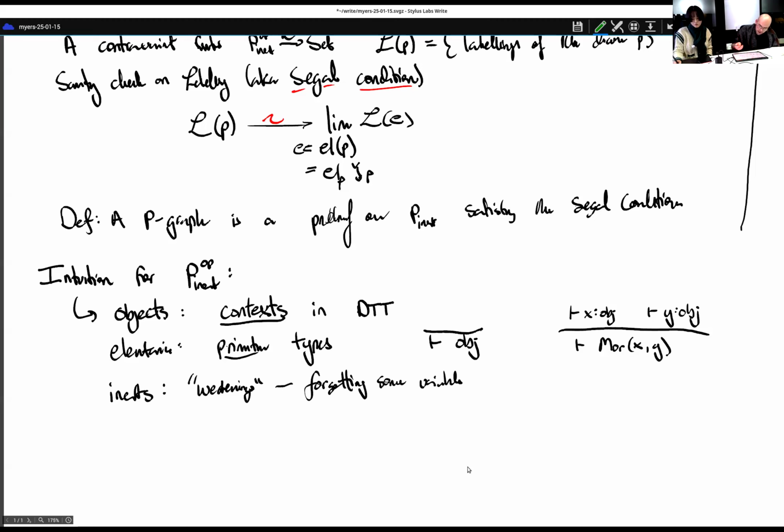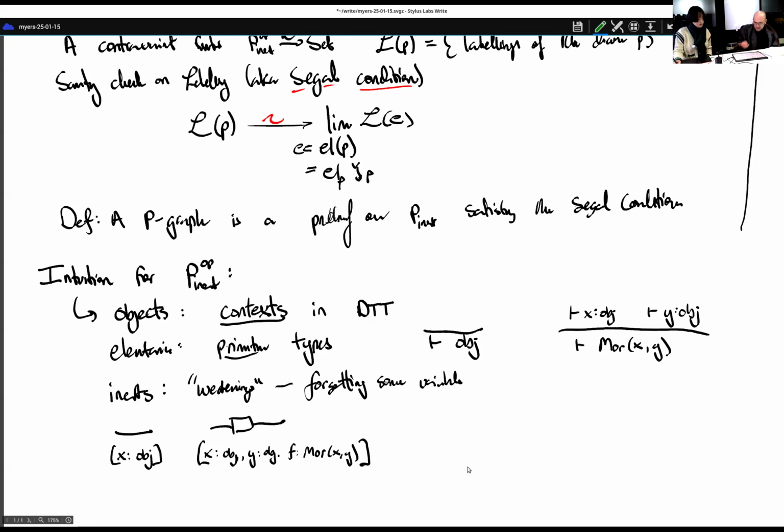So in this case, instead of the wire, we write x of type ob to refer to an object. And instead of the box, we write x of type object, y of type object, f of type morphism x to y.